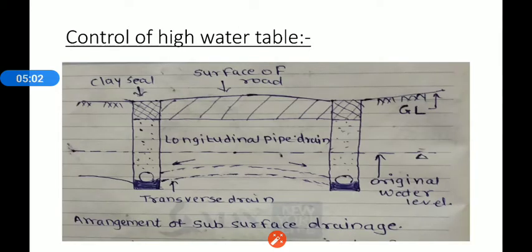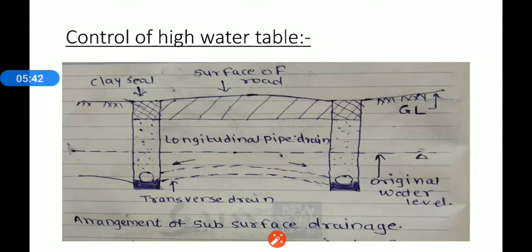Next is control of high water table. In order to avoid excessive pressure on the subgrade and pavement, it is essential that the highest level of the water table should be fairly below the level of the subgrade. From experience, it has been found that the water table should be kept at least 1.20 meter below the subgrade. We also see this arrangement of drainage.